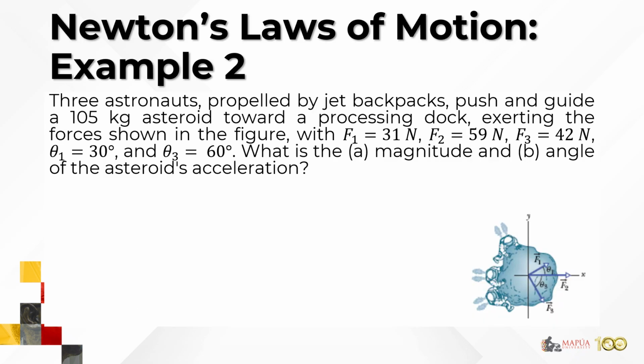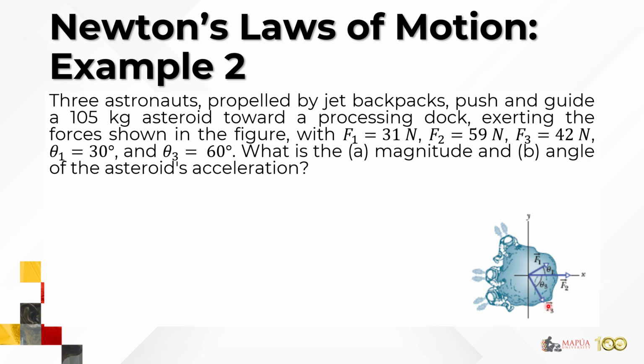Okay, next. Example number 2. Three astronauts propelled by jet backpacks push and guide a 105-kilogram asteroid toward a processing dock, exerting the forces shown in the figure. So here's our figure. So we have F sub 1 is equal to 31 newtons. F sub 2 here is 59 newtons.